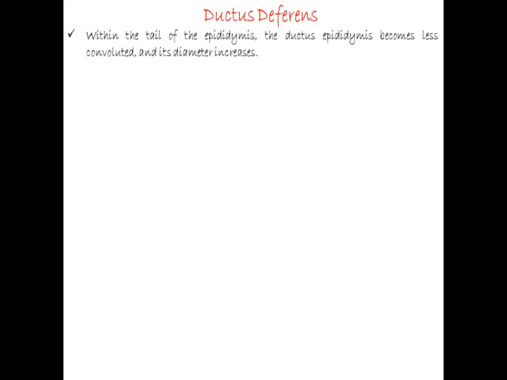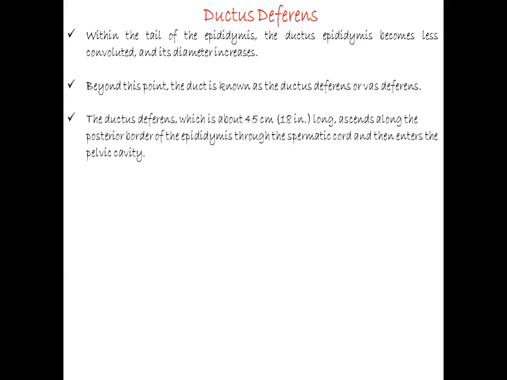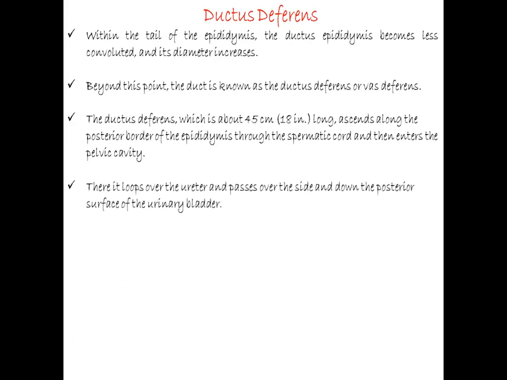Next one is the ductus deferens. Within the tail of the epididymis, the ductus epididymis becomes less convoluted and its diameter increases. Beyond this point, the duct is known as the ductus deferens, or the vas deferens. It is about 45 cm long, ascending along the posterior border of the epididymis through the spermatic cord and then entering the pelvic cavity.